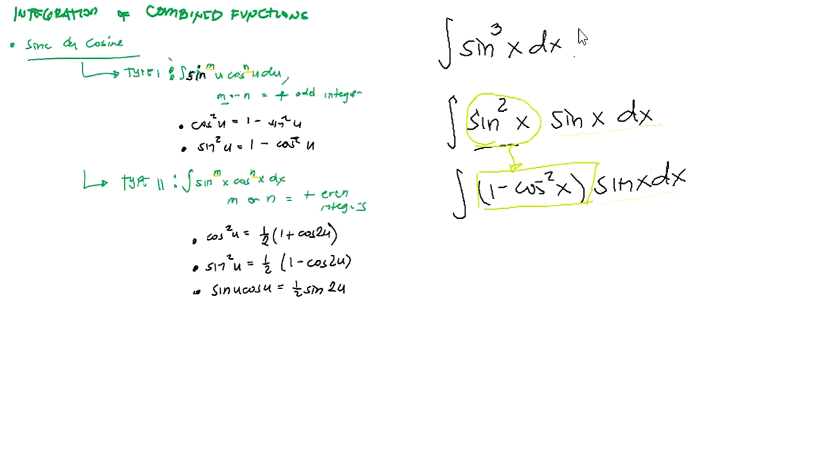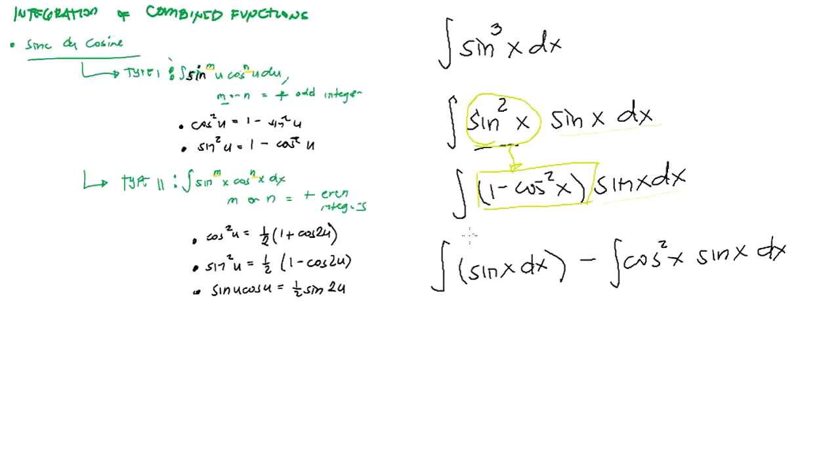Right after that we can further simplify this by distributing sine x dx in our function here. So 1 times sine x dx, so we have sine x dx, then minus the integral of cosine squared x sine x dx.